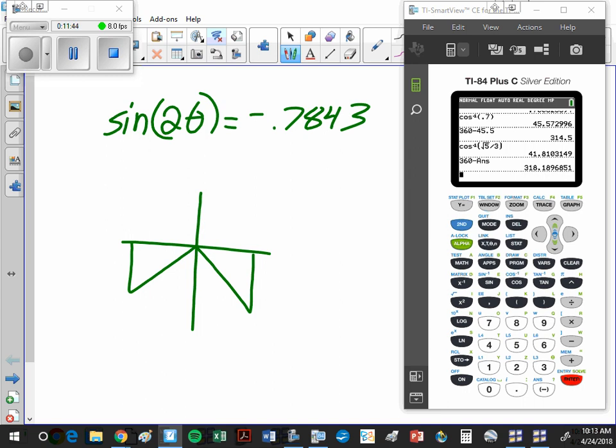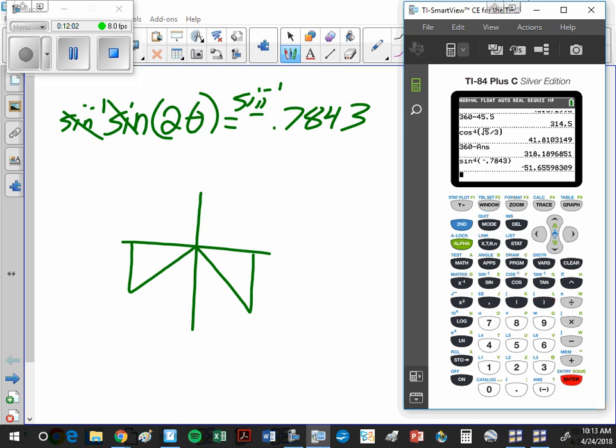So I invert the sine. So the sine inverse of negative 0.7843, and I get negative, so 2 theta is equal to negative 51, we'll just say 51.7.